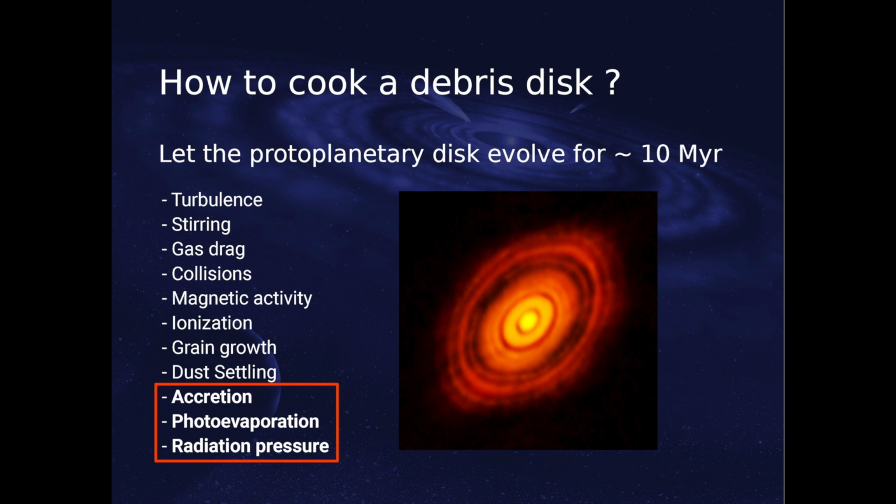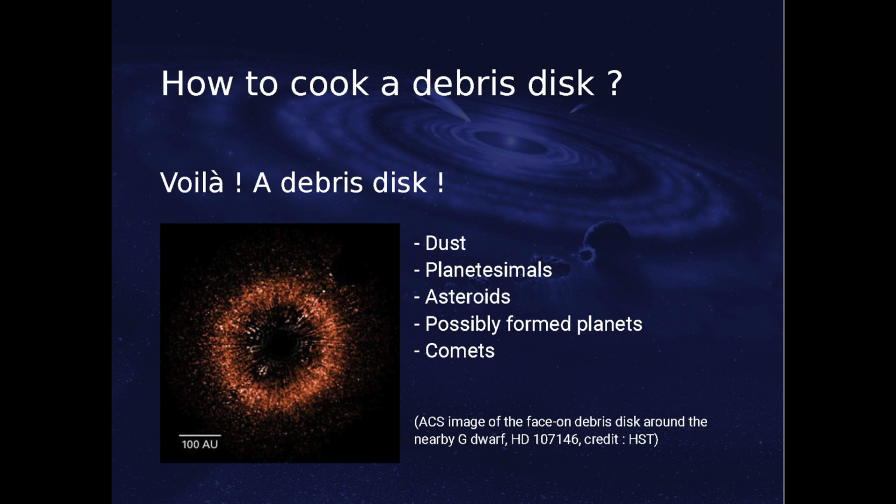But after 10 million years, that 99% of the gas should be removed out of the system and leave us with only the solid particles: the dust, planetesimals, asteroids, possibly formed planets, possibly gas giants that formed earlier during the gaseous stage of the disk, and comets.